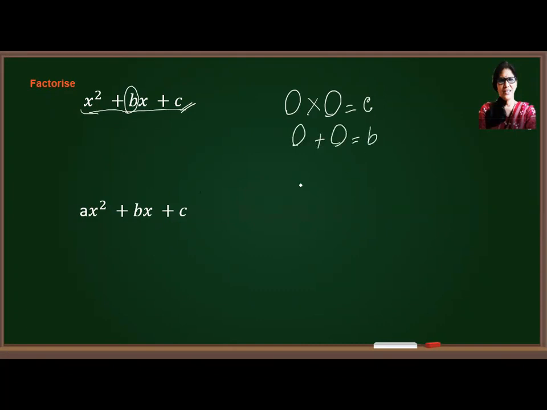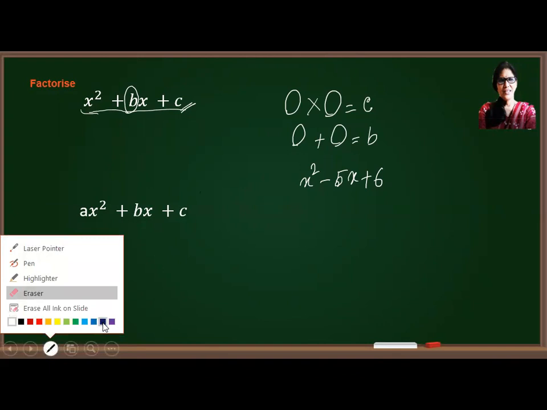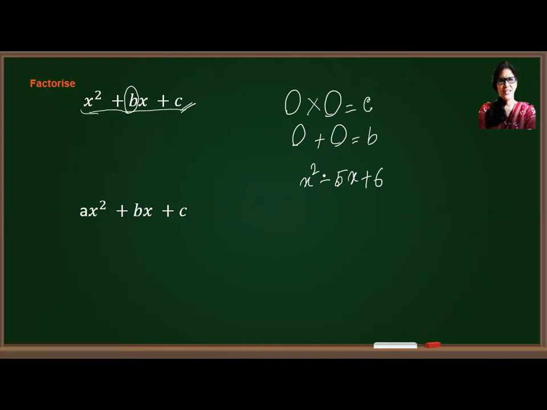For example, if I write x square plus 5x plus 6, you have to think of two numbers whose product is 6 and addition result is 5.